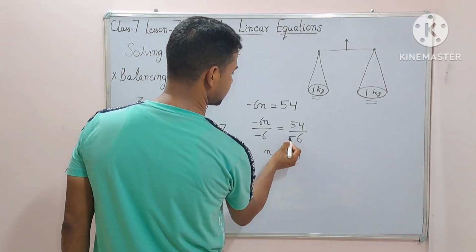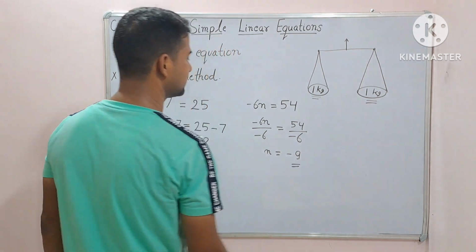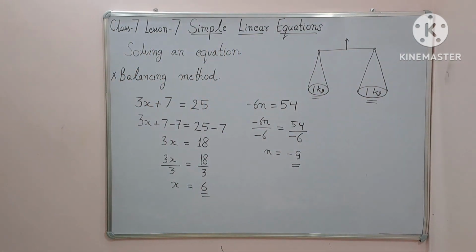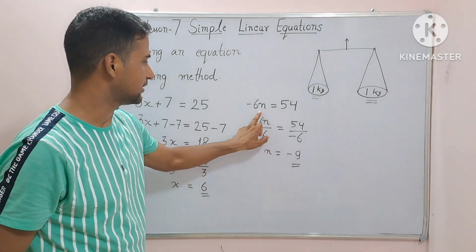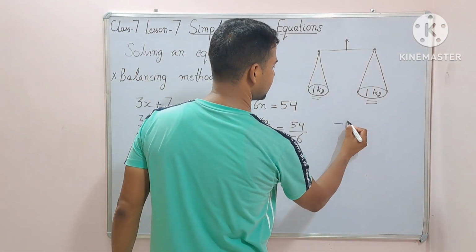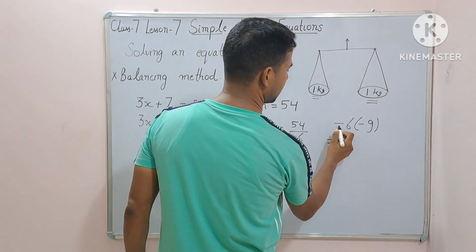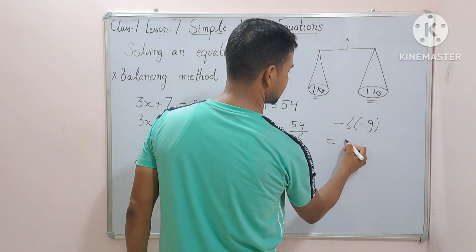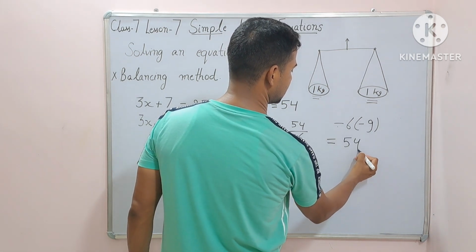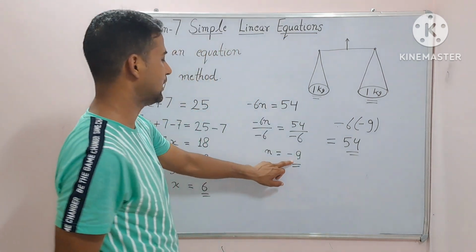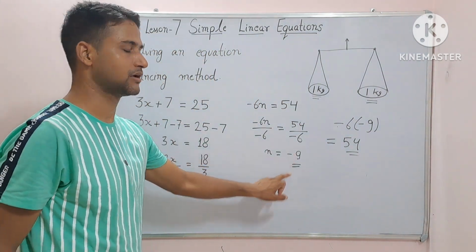Sign is minus, so the answer is minus 9. If we put this here, we get minus 6 times minus 9, minus times minus is plus, 6 nines are 54. Therefore, n is equal to minus 9 is the correct answer.